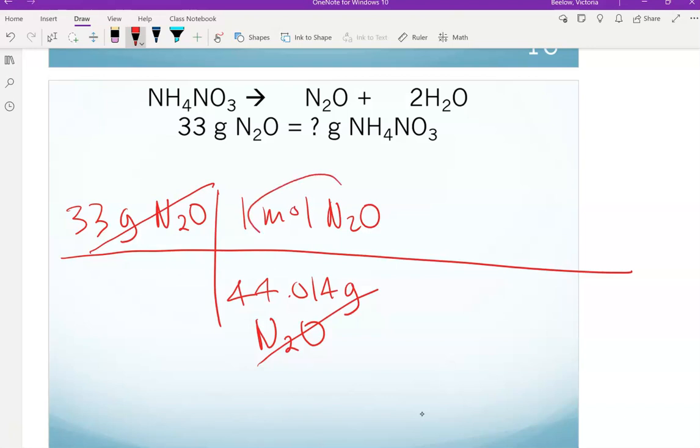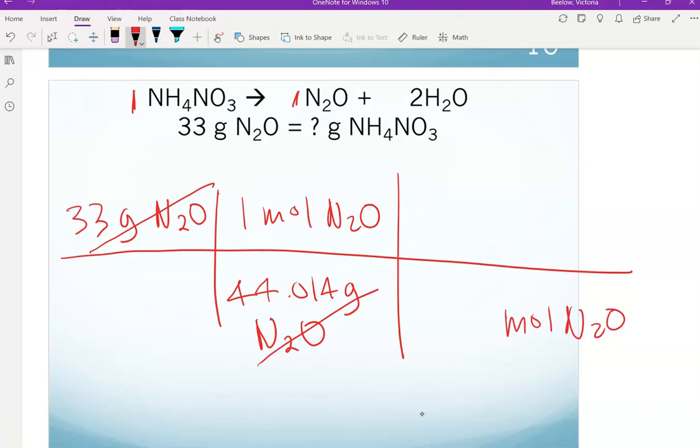Now that I am in moles, now I can use the balanced chemical equation. Again, the numbers in front here, so imagine there's a 1 here and a 1 here, those represent moles. So once you have moles, that's when you can use the balanced chemical equation. If you're not sure what unit goes here, it should be the same unit that you have here. So moles of N2O.